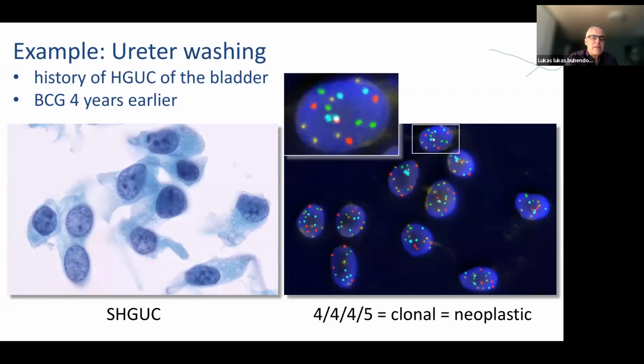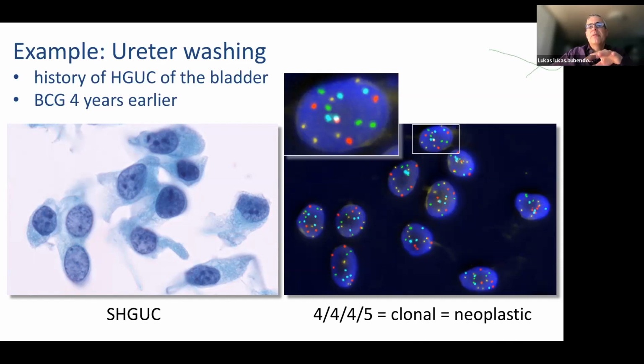I don't know whether they saw something or whether it was just a regular control. Anyway, you look at those cells and the NC ratio is increased. You have irregular chromatin. The membrane is a little bit thickened, but the NC ratio admittedly is clearly below 0.7. Nevertheless, we call it suspicious for high-grade urothelial carcinoma. You might also call it atypical urothelial cells in this case.